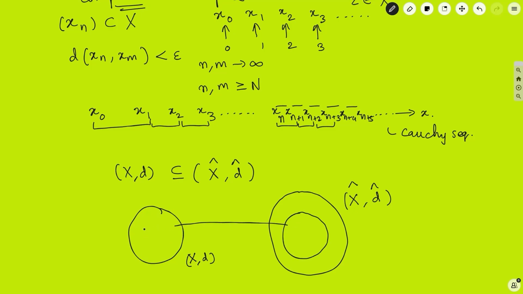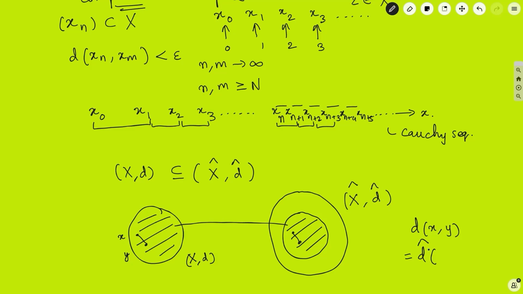So there's an exact copy of this particular space, our metric space, inside this larger space. So what that means is the distance between any two points on this metric space is the same here. If you measure the distance xy, that will be the same inside this space.